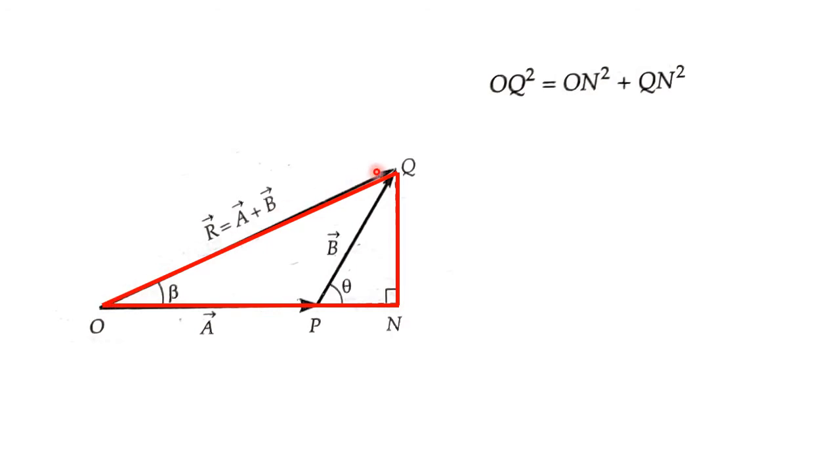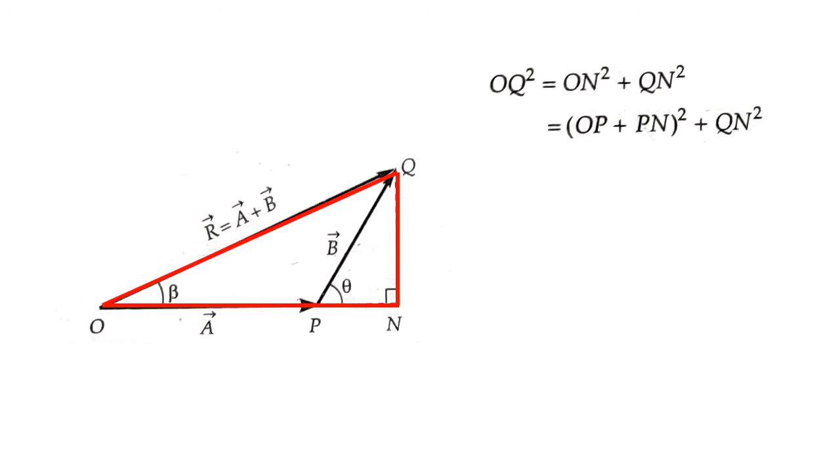Your hypotenuse OQ square equals ON square, your base square, plus your height square, QN square. Now your first part can be OP and your second part can be your PN. So ON I can write as OP plus PN whole thing square plus QN square.